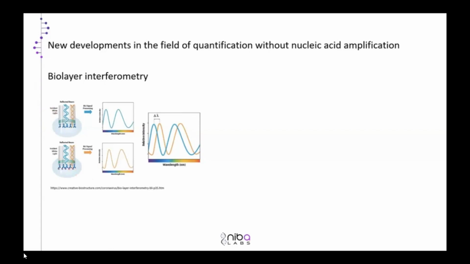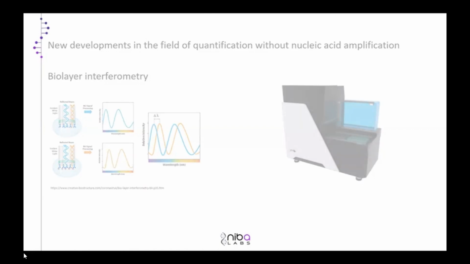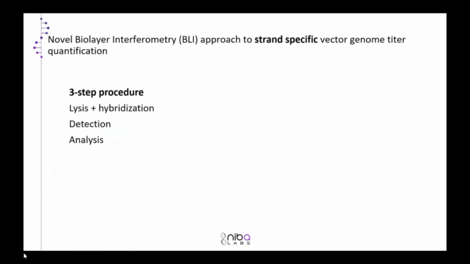And with the Gator's BLI system, now we also went into the field where we can quantify nucleic acids without any amplification. And this is performed in a strand-specific way in a simple three-step procedure, including lysis and hybridization, detection, and analysis.